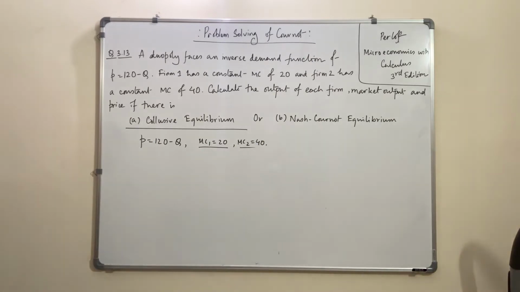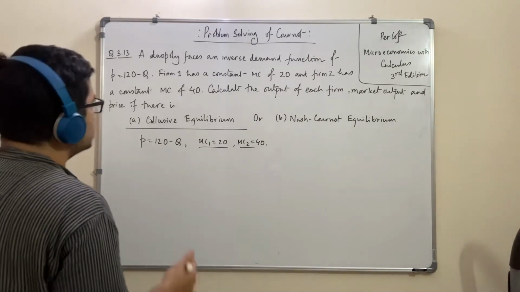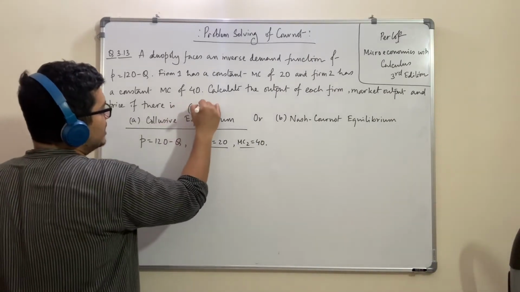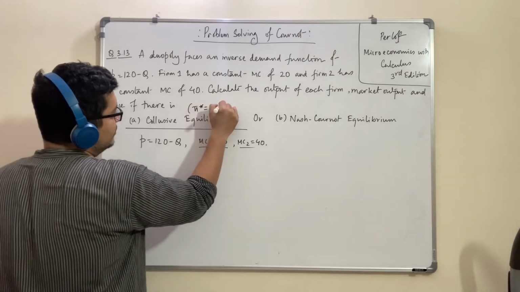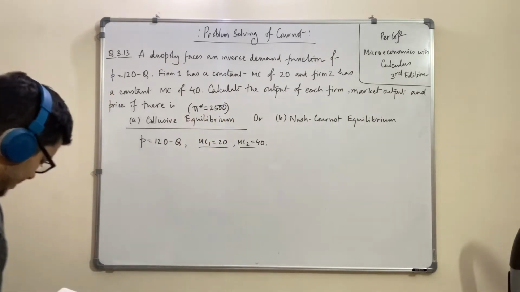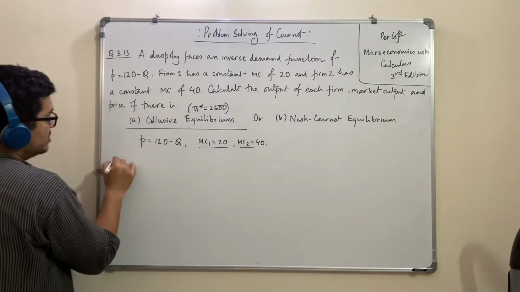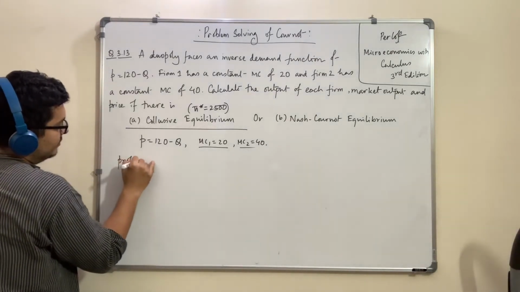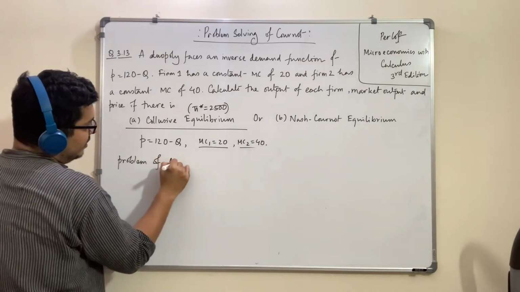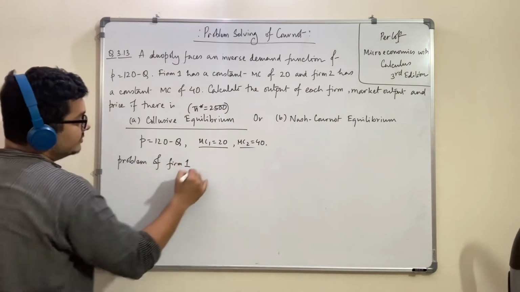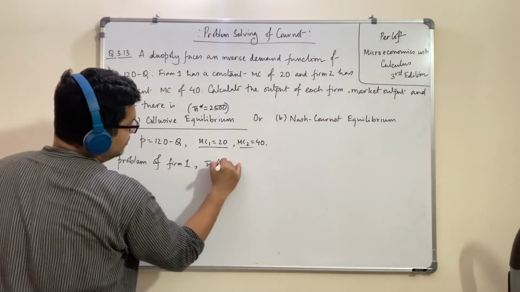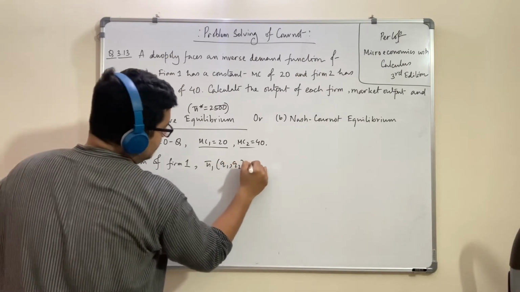So before we go into the Nash Cournot, I'll just write it here: pi star is equal to 2500. Okay. Now, what about the Nash Cournot? It's pretty simple. So the problem of farm 1 is pi 1 of Q1, Q2.